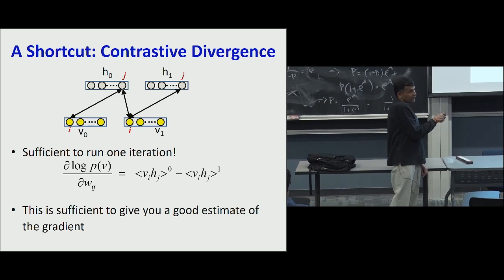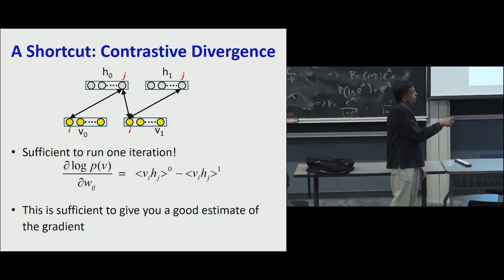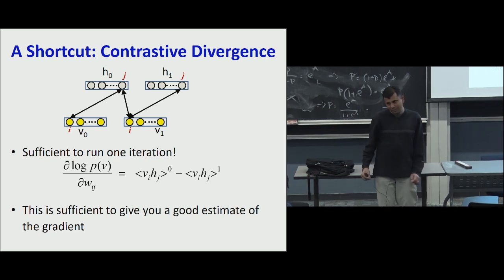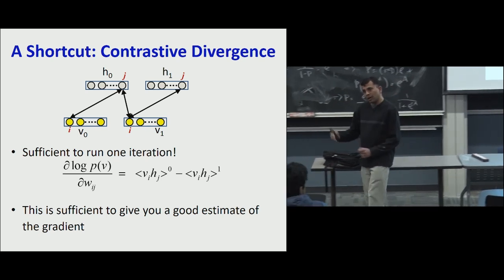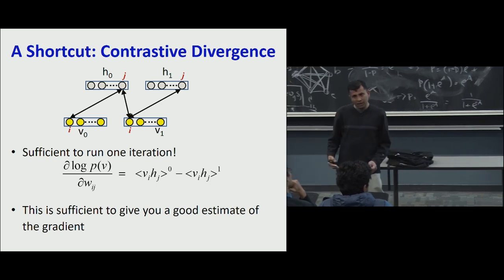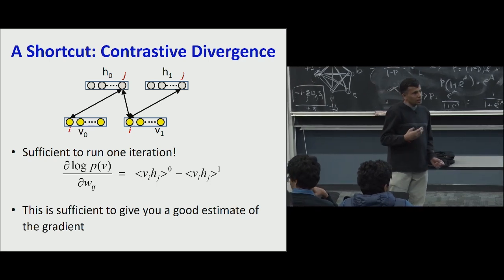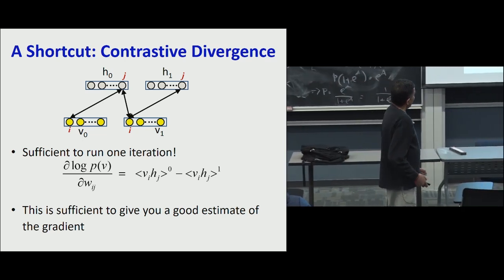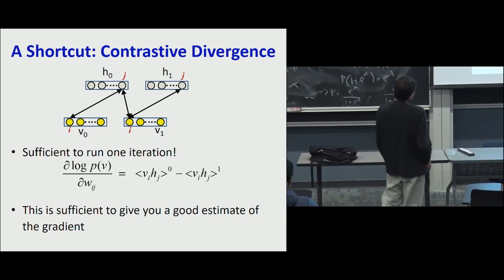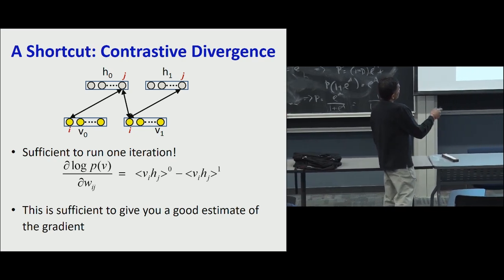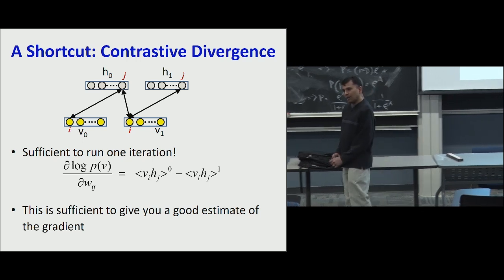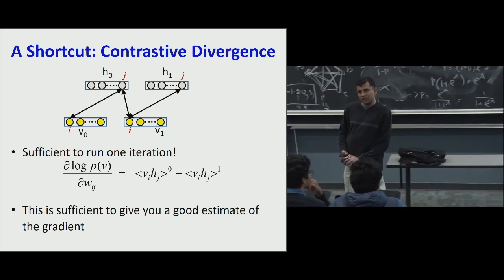From the visible neurons, I get the hidden neurons, and I can just do 2 or 3 steps of this, and then compute my updates after this small number of iterations of sampling, right? And this is sufficient to give you a very good estimate of the gradient. This is the algorithm that Geoff Hinton famously introduced as contrastive divergence.